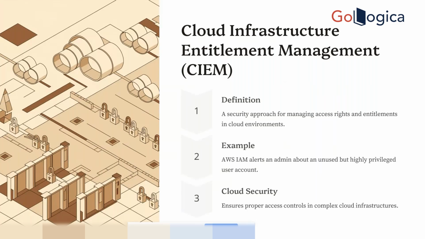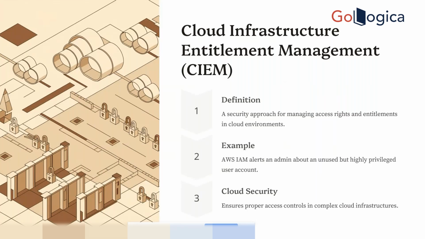A project belonging to CIEM belongs to the security approach, where I can do activities like managing access rights and entitlements in the cloud environment. Entitlements are nothing but permissions. Whatever we are doing in the cloud area with a security approach comes under the CIEM area.